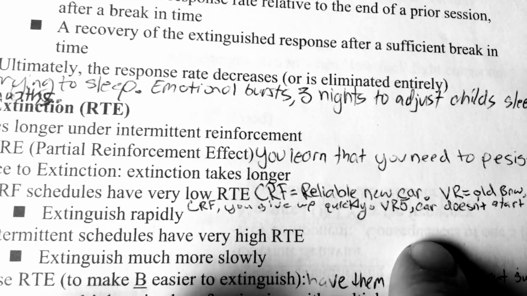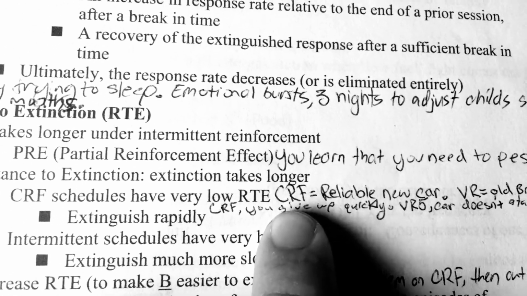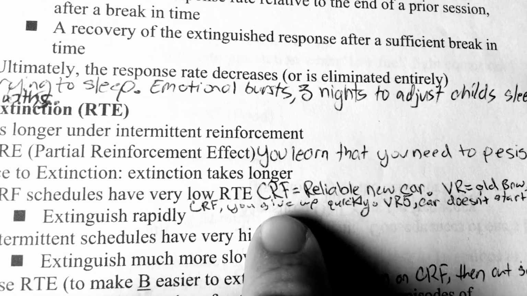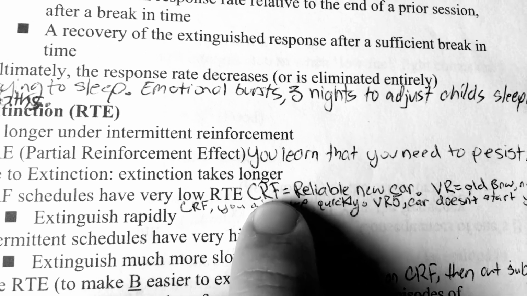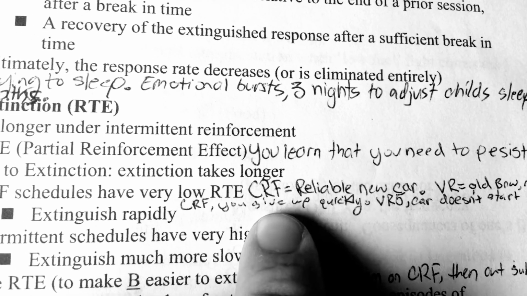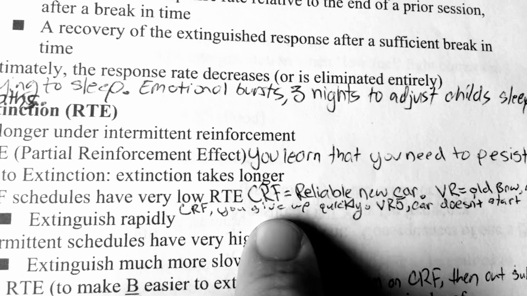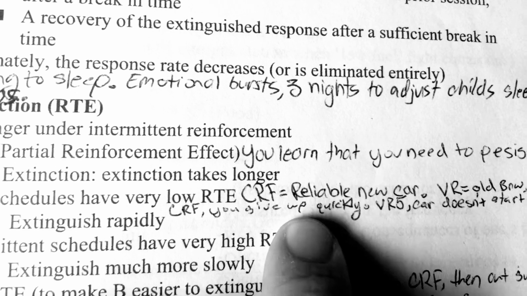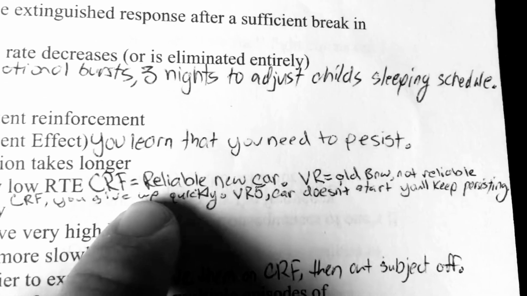So if it has a high reliability and you're trying to extinguish the behavior, maybe the car doesn't start. So the behavior of it starting is very reliable. So you'll give up immediately trying to start the brand new Toyota.